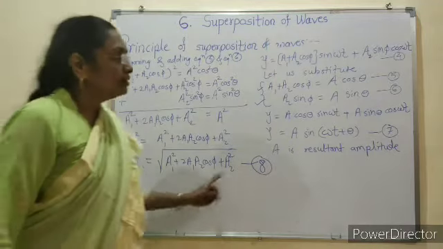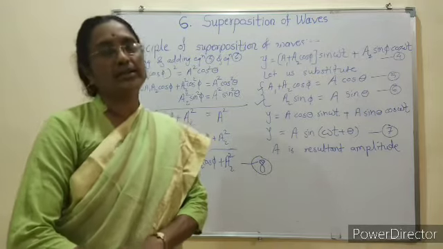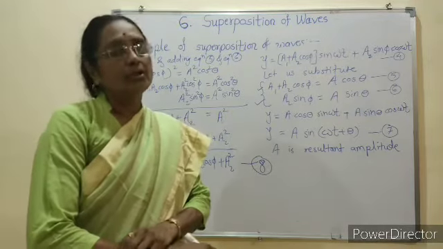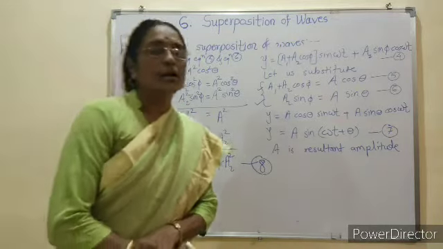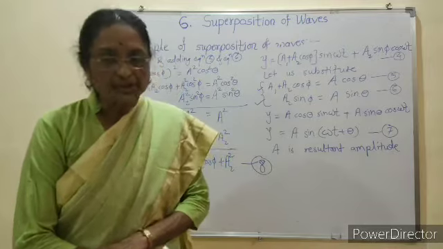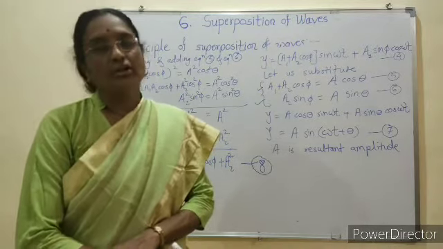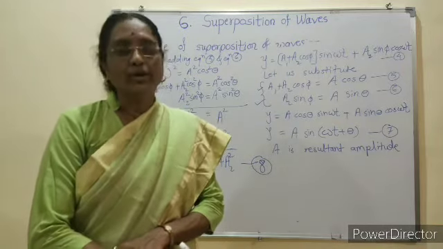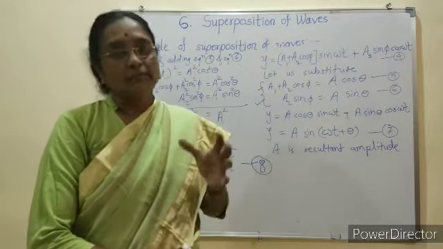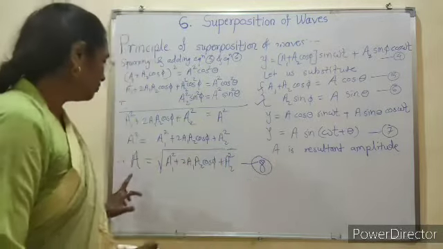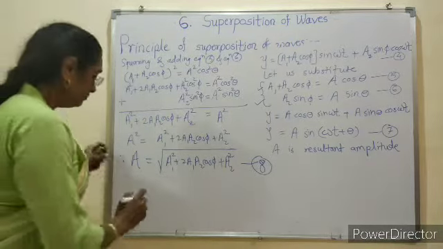So, in our explanation of constructive and destructive interference, we described two waves crossing a point and producing an effect, and we observe the maximum displacement, sometimes the minimum displacement. Those displacements we can give with the help of equation number 8.